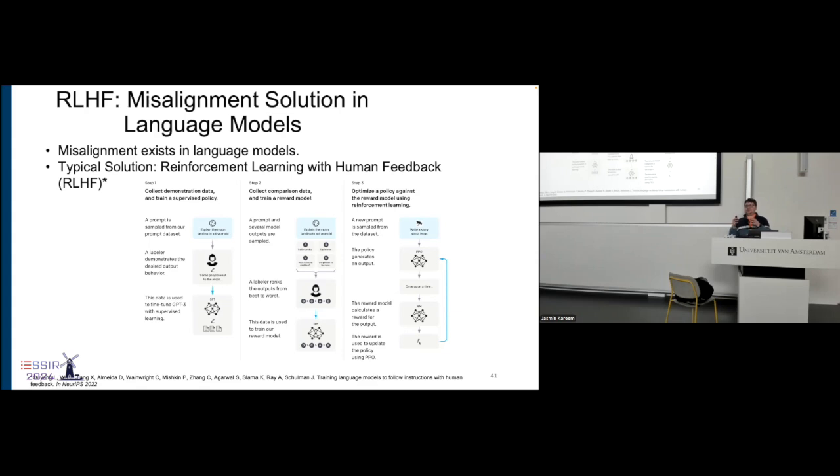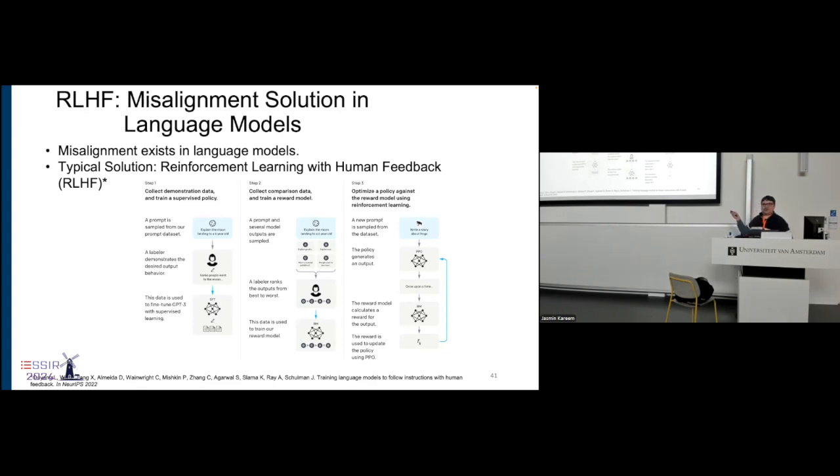The reward model basically says how good the generated output is. In text, it's how good the generated text is given the prompt. So they use human labelers to say this output was better than that output.